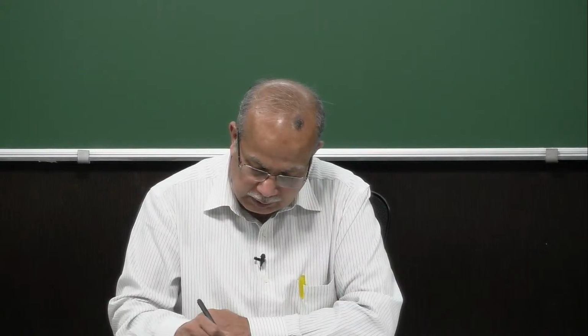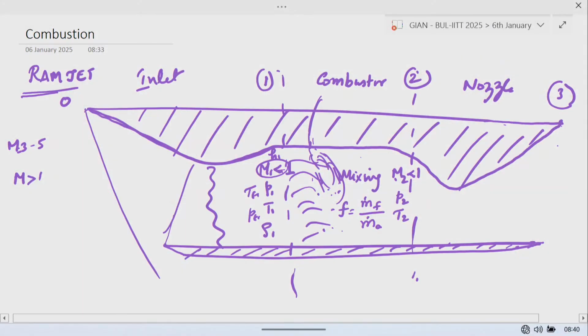The pressure will change, the temperature will change, the density will change, the total temperature will change, and the total pressure will change. All these properties will change. Thereafter, the flow will accelerate and leave at M greater than 1. This is what is happening in a ramjet engine.